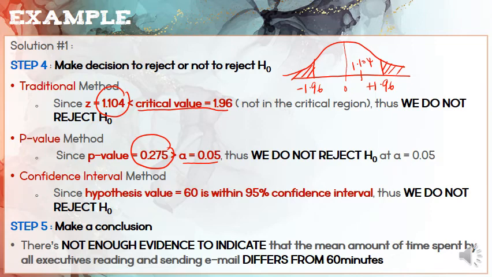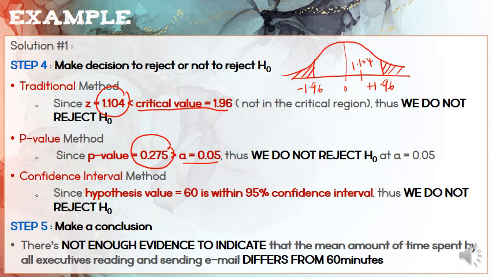Alright? And last, kalau kita pakai confidence interval method, since the hypothesis value 60 is within the 95% confidence interval, thus we do not reject our H null.